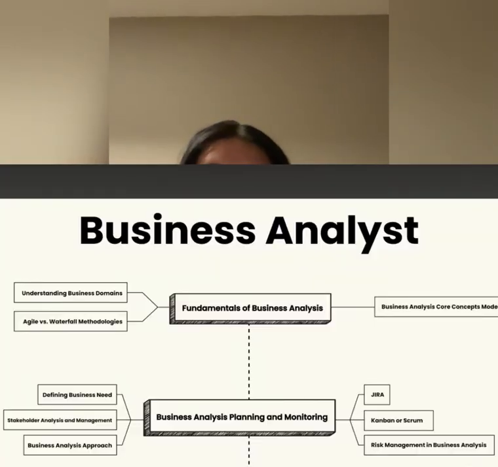In this business analyst roadmap for 2025, I am going to walk you through everything you need to know to become a successful BA step by step. We will start with the foundation of business analysis, then move into business analysis planning and monitoring.